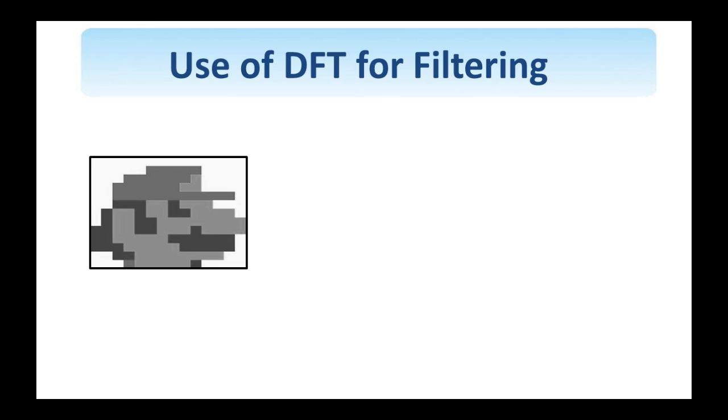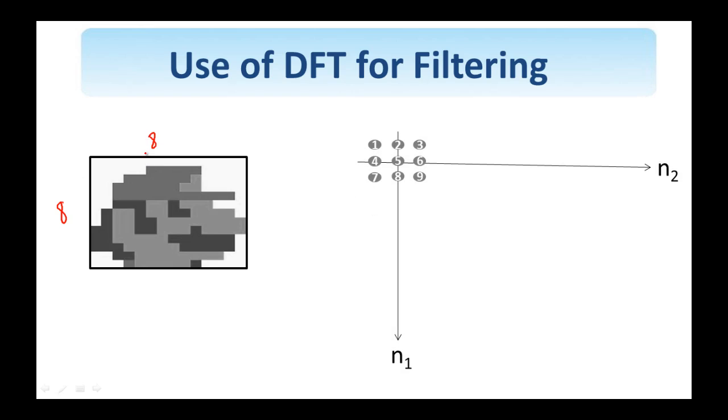Let's recap what we've learned so far, and I also want to make an additional point. So we're given this 8 by 8 image, and we want to convolve it with a system that has this 3x3 impulse response. First of all, we know that the result of the convolution is going to be a signal that is going to have 8 plus 3 minus 1 equals 10 in the n1 direction and 10 in the n2 direction dimension.